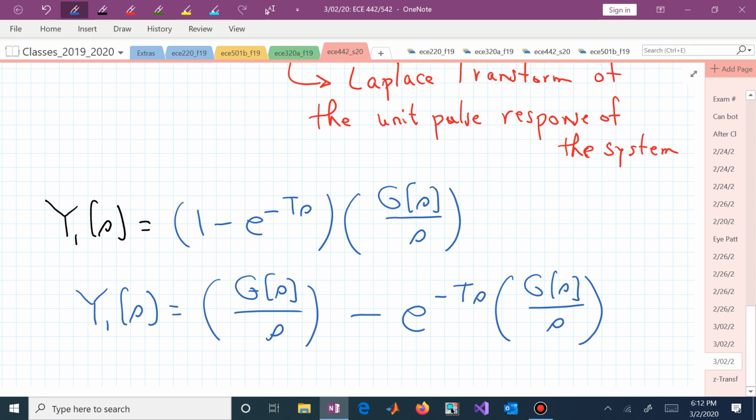That's just the original system with one more pole added at the origin. That's g of S over S. I've now introduced one additional pole in my original system's transfer function, and that pole is right at the origin. I've divided capital G of S, which is what I started with in my system, by S.